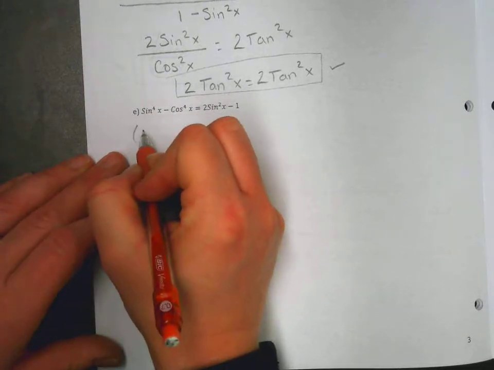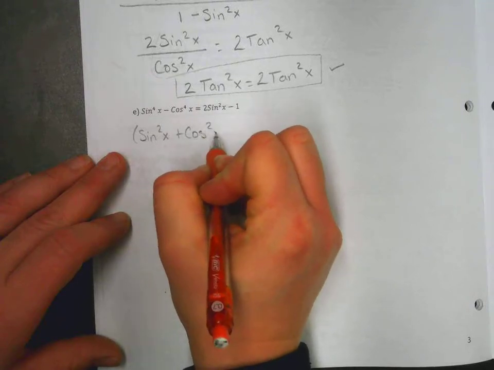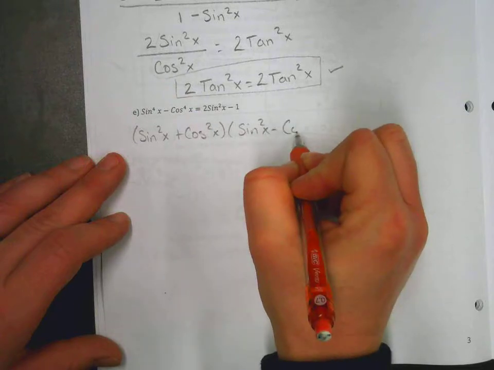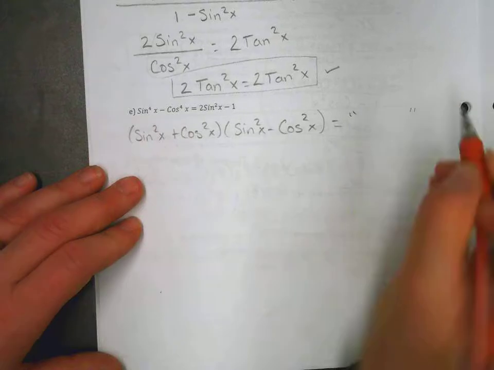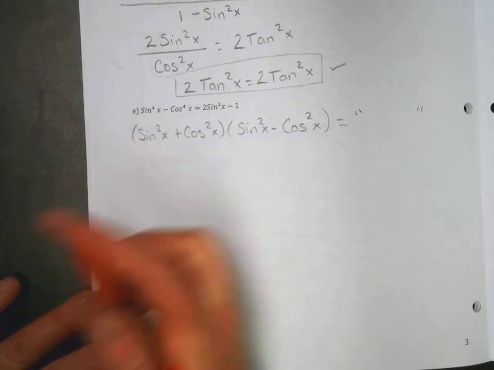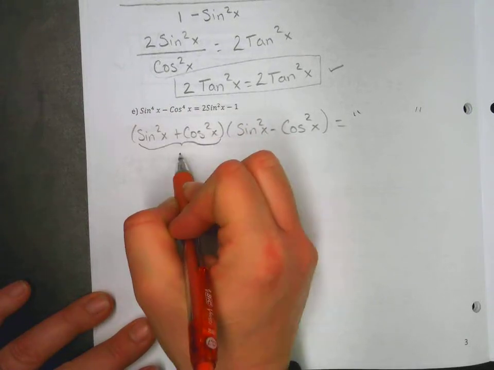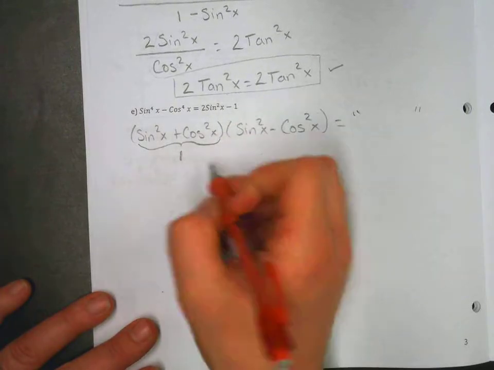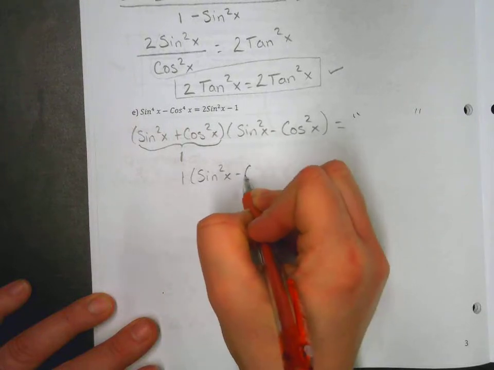This, as a difference of squares, would be sine squared x plus cos squared x times sine squared x minus cos squared x. And then on the right side, we're left with the same expression. I'm not going to touch that yet. Well, look, sine squared x plus cos squared x, this is my Pythagoras identity. So this just equates to 1. So this is technically 1 times sine squared x minus cos squared x.